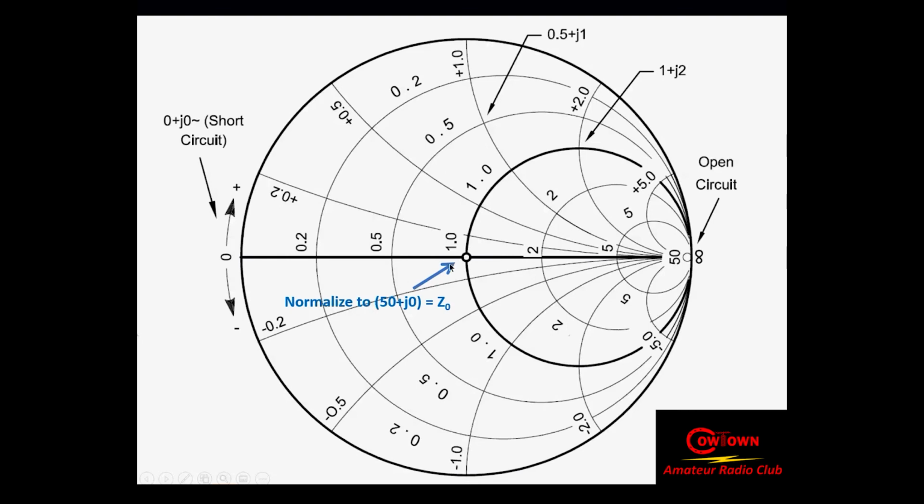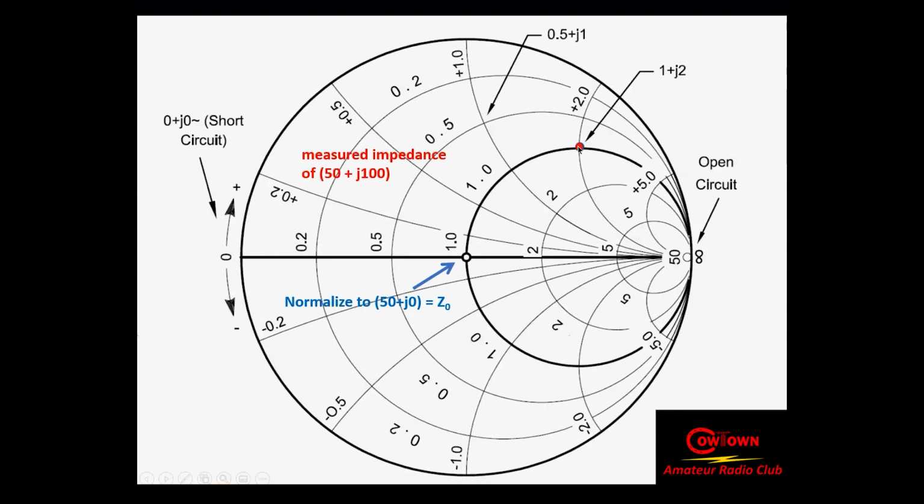So we're going to normalize this. Most of the time we're working with 50 ohm coax. So to normalize this, you would divide your coax impedance by 50, and it should come out to something very close to 1.0 plus J0. And so that's prime center. Then when I get a measured impedance, in this case 50 plus J100, if I divide that complex number by 50, I will get 1 plus J2.